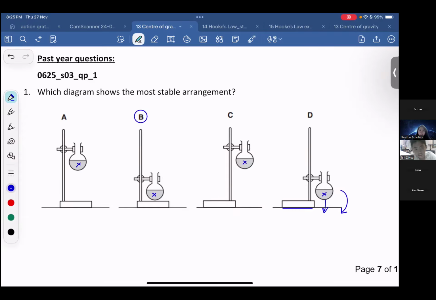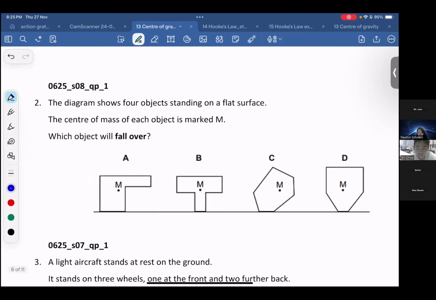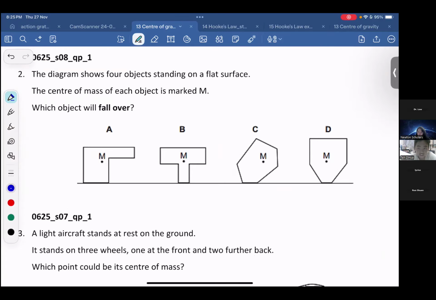We go to question number 2. Which object will fall over? Crystal, correct. Megan, correct.